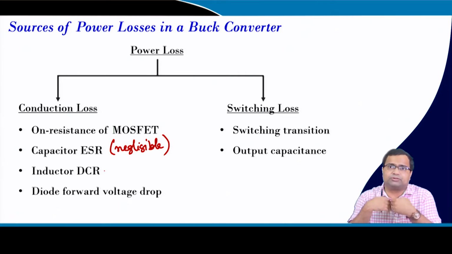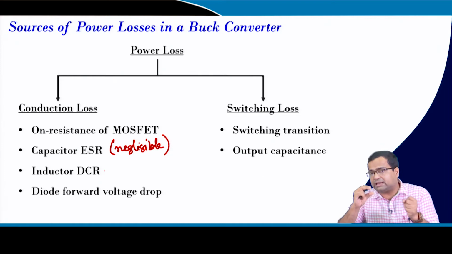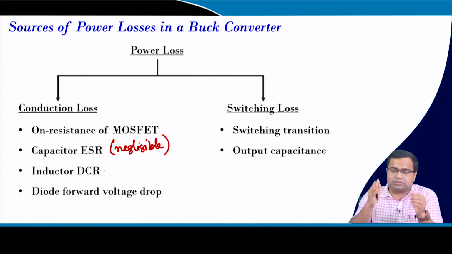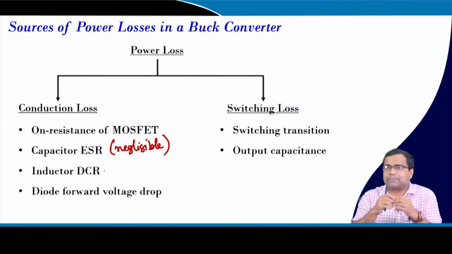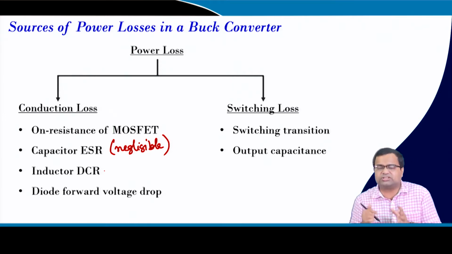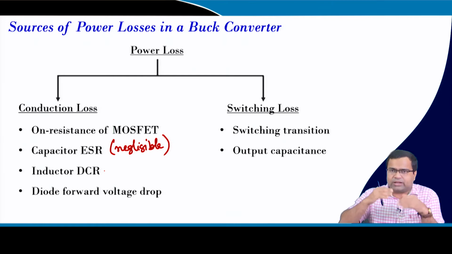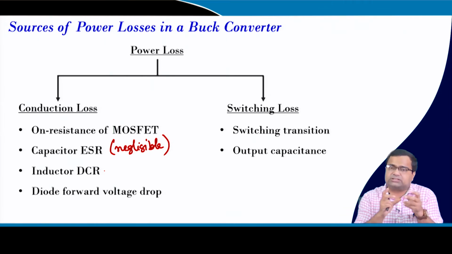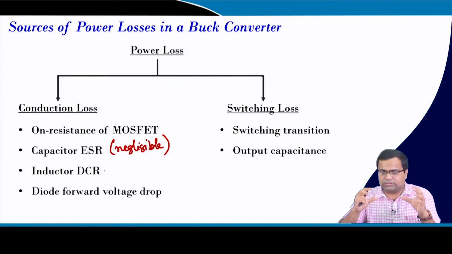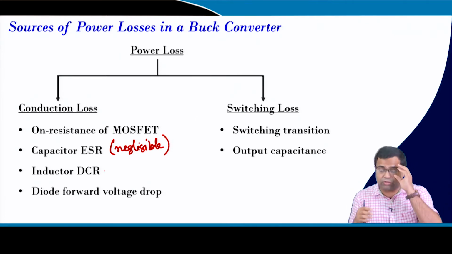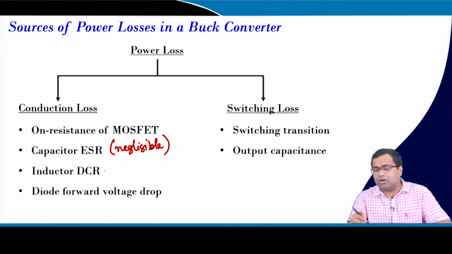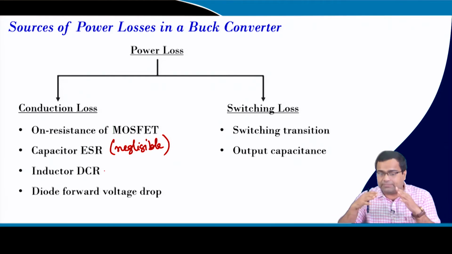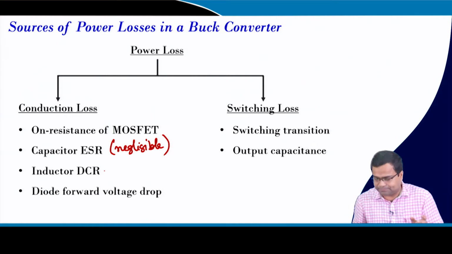And again if you want to turn on, then that capacitor has to be discharged, because once it is fully on, the capacitor voltage should be 0 and that energy will be lost. So that is the loss due to the output capacitor. And if you switch more frequently, then the energy loss will increase. That means the power loss due to the capacitive loss during fast switching will be higher.